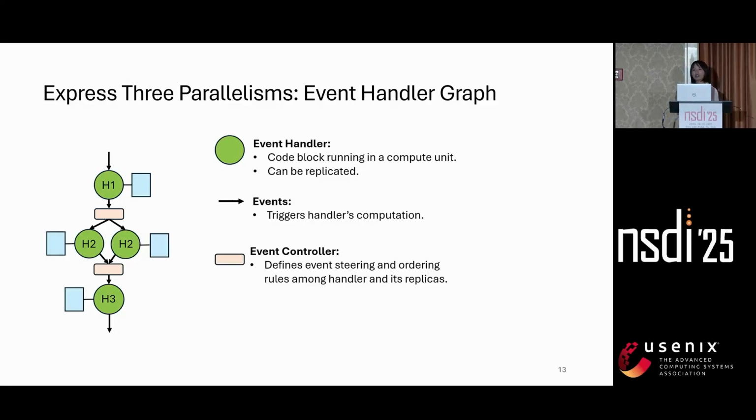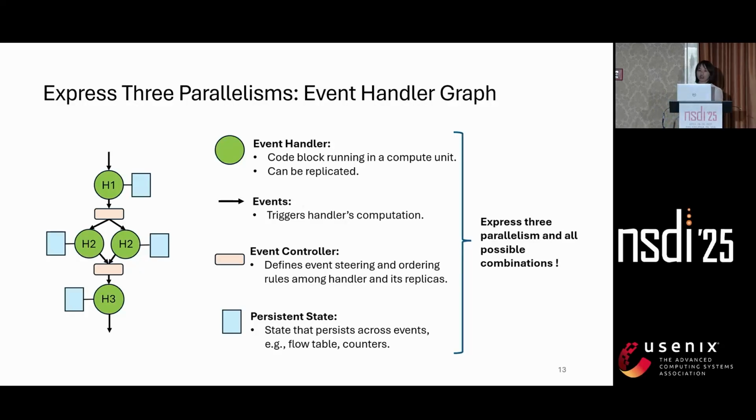An event controller sits between handlers and is used to define event steering rules and ordering rules. Using such a controller, you can express a flow steering rule and express flow parallelism. Finally, each handler can maintain some persistent state, which can represent network state such as flow tables and counters. Such a structure allows us to express these three types of parallelism and also their possible combinations.